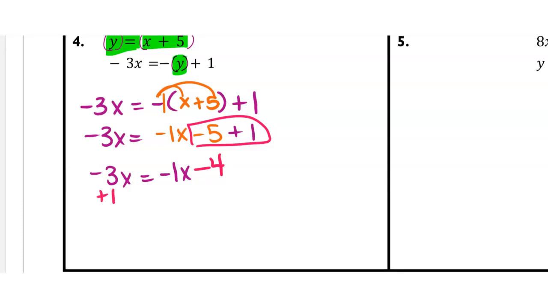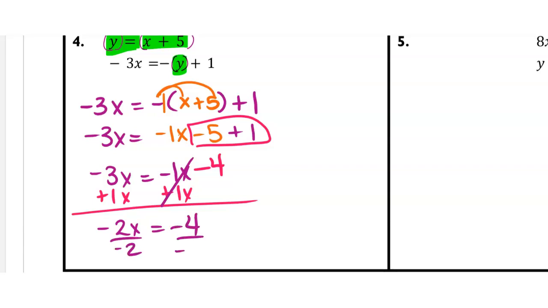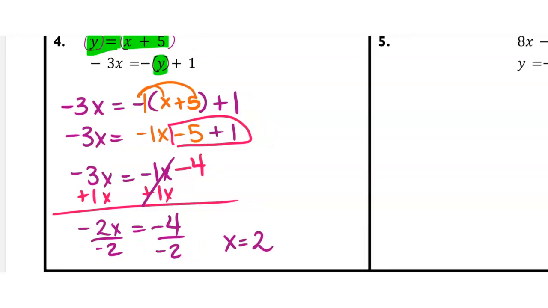Then we're going to add 1x. And we get negative 2x is equal to, these cancel, negative 4 divided by negative 2, and x is equal to positive 2. So now that we know what x is equal to, my answer, I'm going to put 2 for my x.